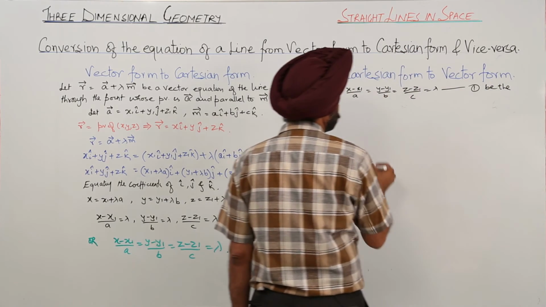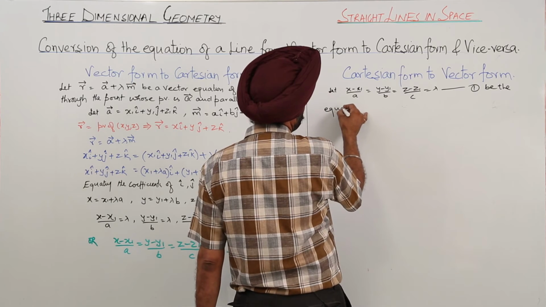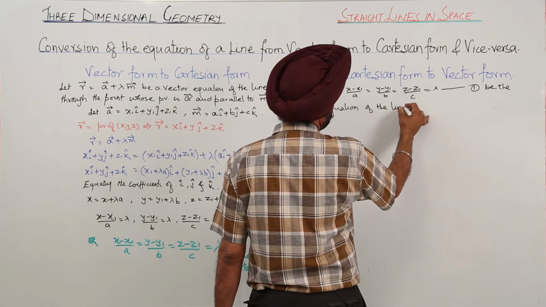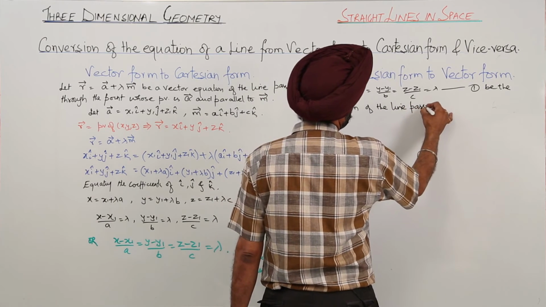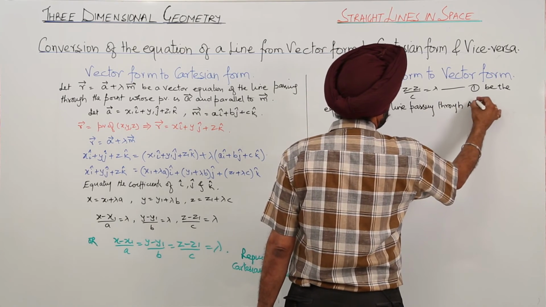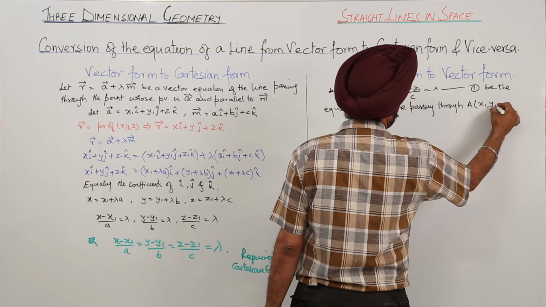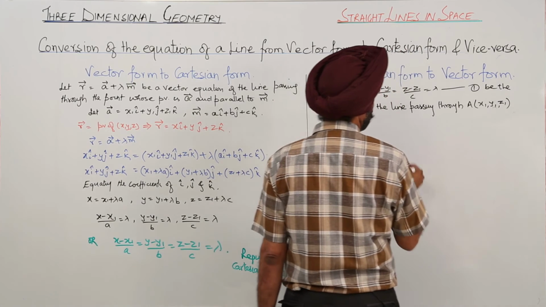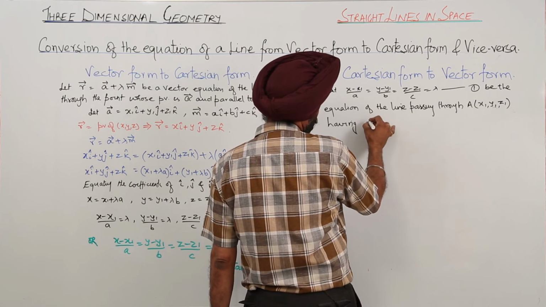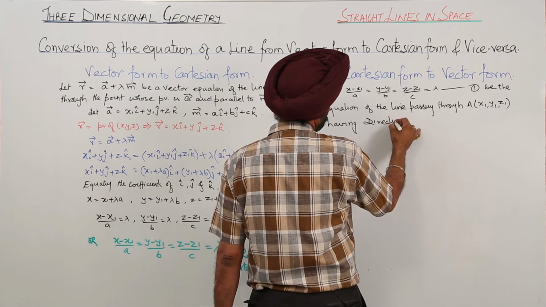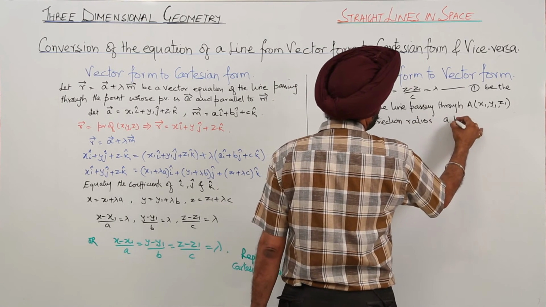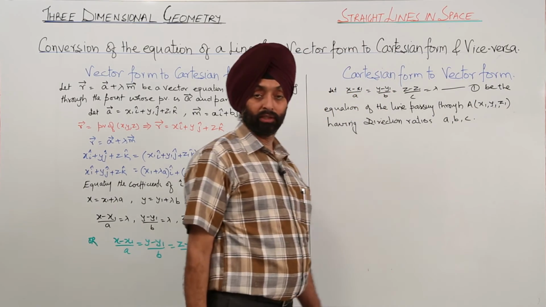Be the equation of the line passing through capital A, which is x1, y1, z1, having direction ratios a, b and c. Is it clear?